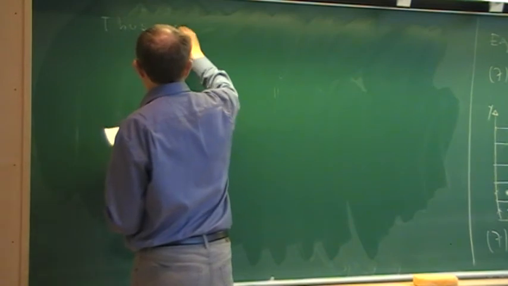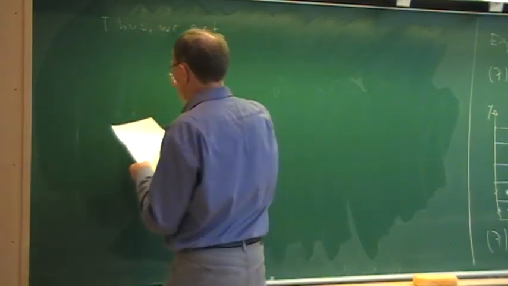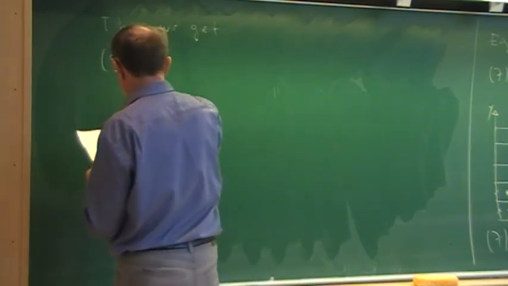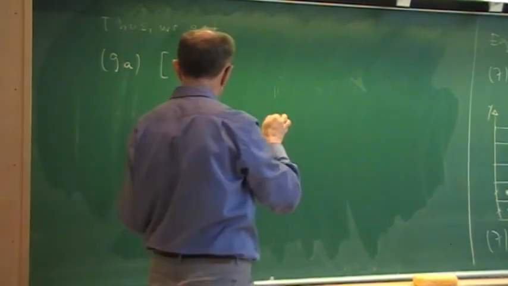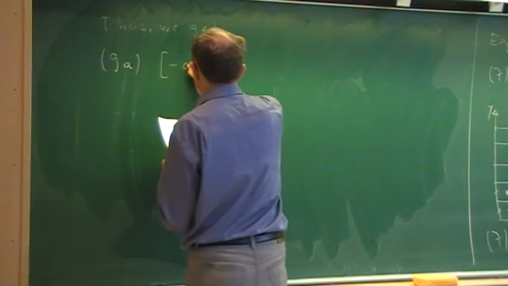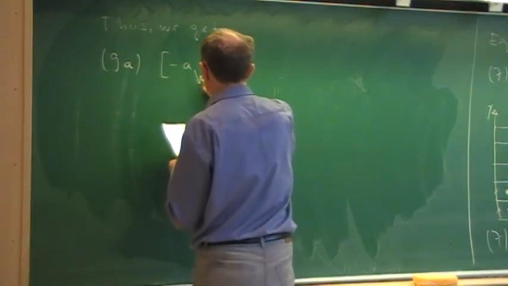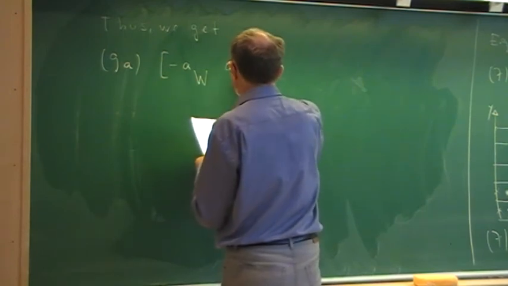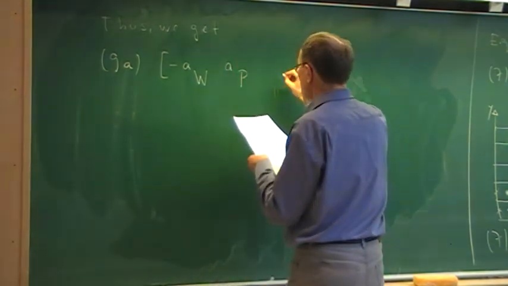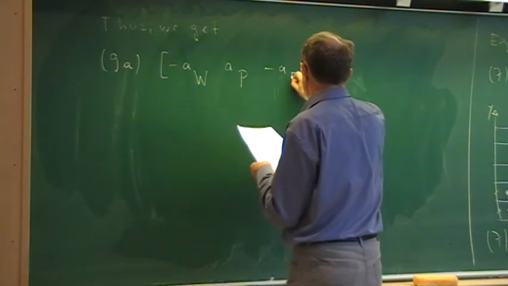Thus we get this 9a. If we just look locally, and now I use the letter notation, we have minus AW, and we have, that is now the matrix that we have, just part of the matrix, minus AE.